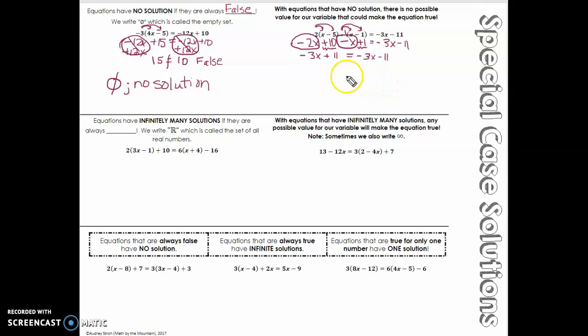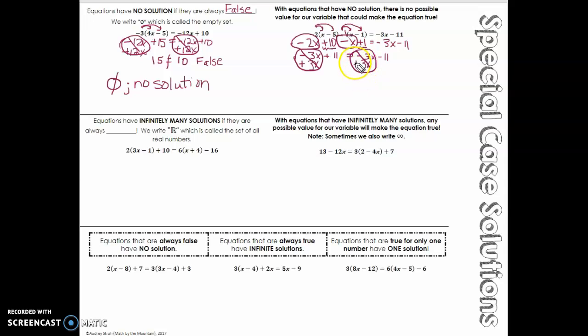Okay, now that I've simplified by combining like terms, I'm going to isolate the variable. So I'm going to take the negative 3x on the left and add 3x to both sides. Negative 3x plus 3x cancels out. It also cancels out on the other side.